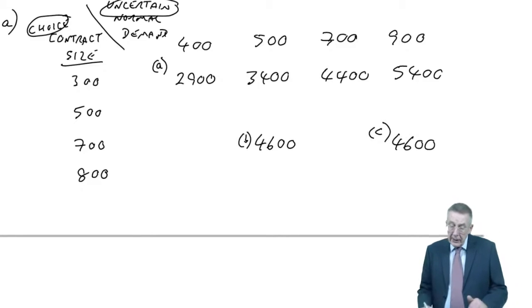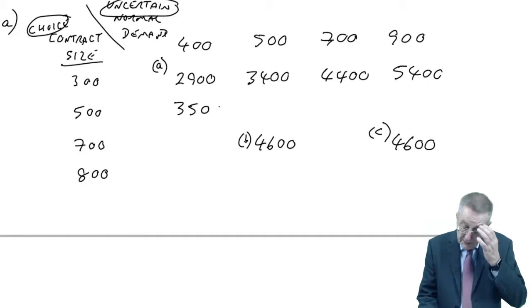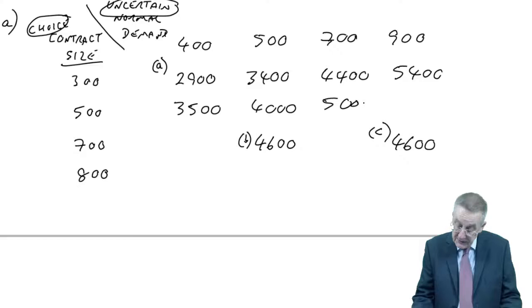On the 500 row, if normal's 400, 3,500, 4,000, 5,000, 5,000.